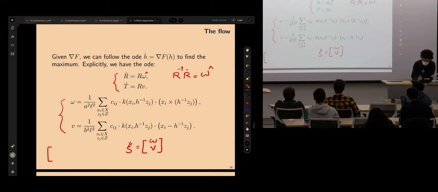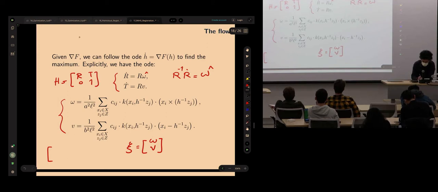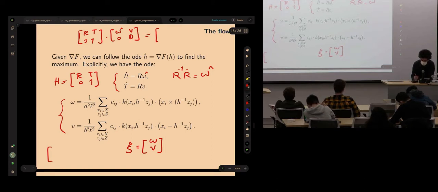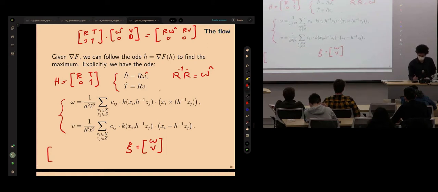And the way you can see that is, let's say H is, T is the translation. We have R T 0 1 times omega and V. So what happens, we only need to rotate, which will give us the general differential equation, the reconstruction equation for SE3, right?